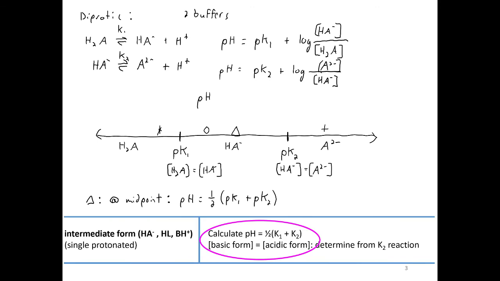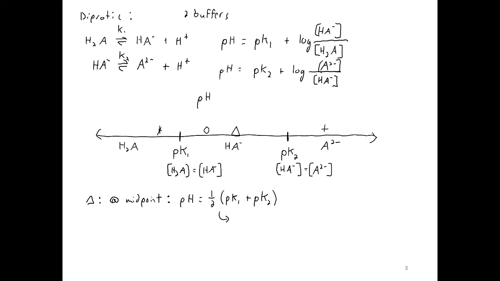Well, that's the formula for calculating the pH of a solution that begins as pure intermediate. In that particular scenario, the concentrations of H2A and A2- are equal. So what we'll write is that HA- concentration is definitely dominant. But as far as the acid form and the base form, well, these concentrations are equal, only at that midpoint.